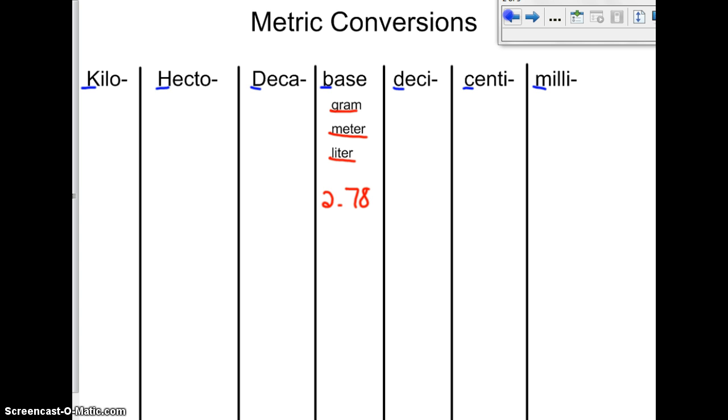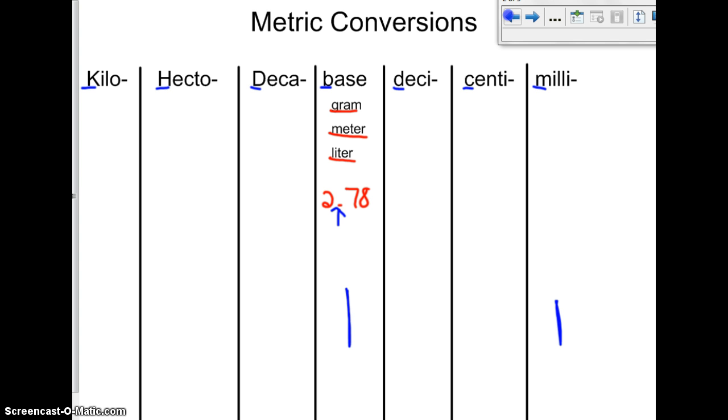The first thing that you need to do to convert is figure out in that number where the decimal is. In this case, you can look right at it and see it. The decimal's right there. What column are we in currently? We're in the base column. Where do we want to go? Well, if you need to convert it to milli or millimeters, you need to go to that column.